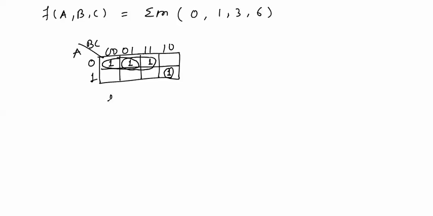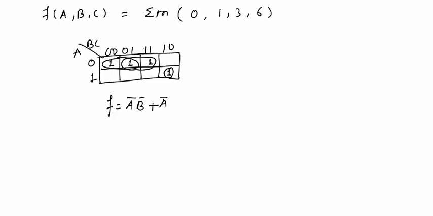Now the expression can be written as F equal to, for these two 1s, A is 0. A is 0 means A bar. For these two 1s, B is 0, B bar. For these two 1s, C is changing, so not considered in the expression. Plus, for these other two 1s, A is 0, so A bar.